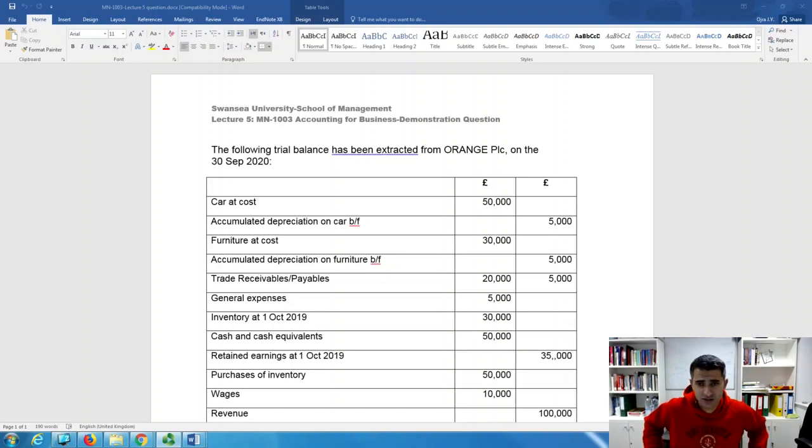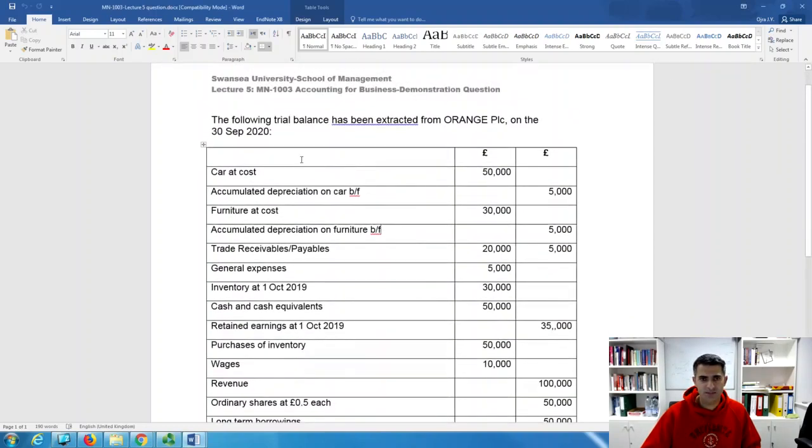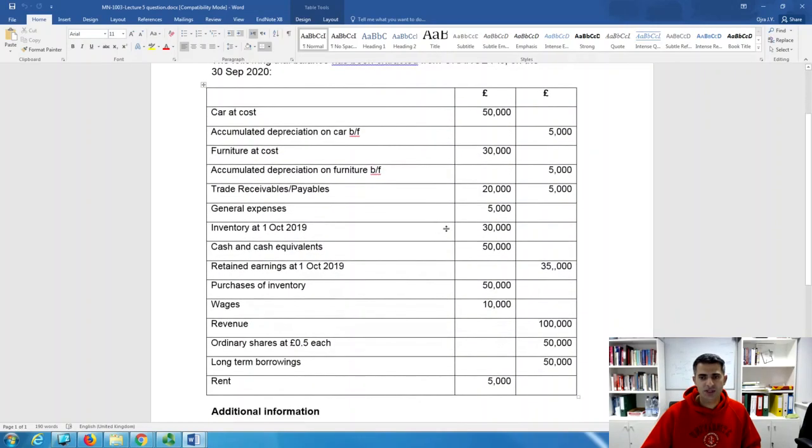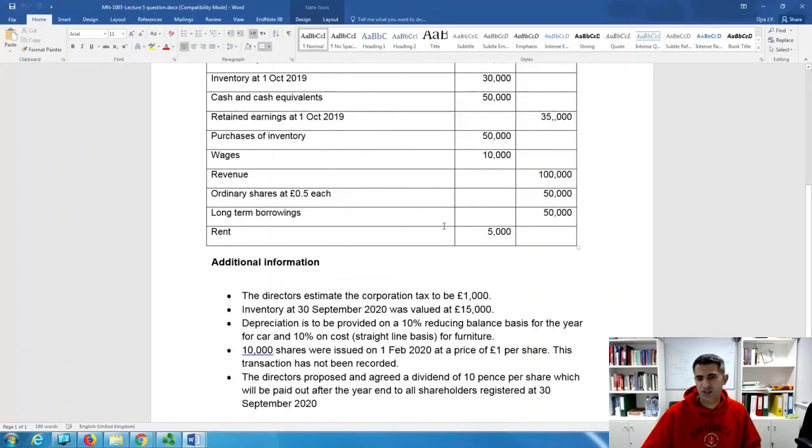Right, let's make a start with this question. Okay, here we go. With this question, as you see, Orange PLC, this is the trial balance of Orange PLC. And from this trial balance, as you see, there is additional information.